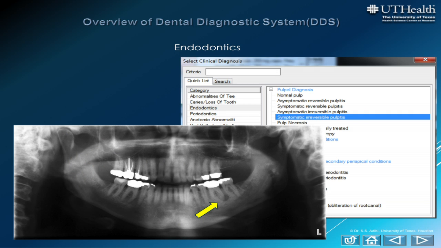The endodontics category has several subcategories such as pulp diagnosis, secondary pulp conditions, and periapical diagnosis and root fractures.